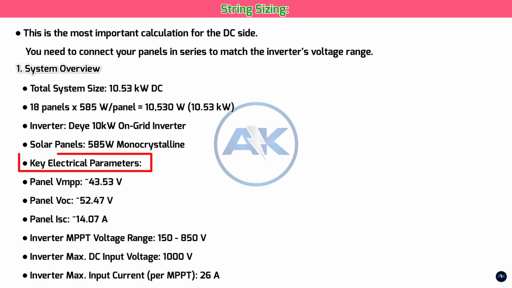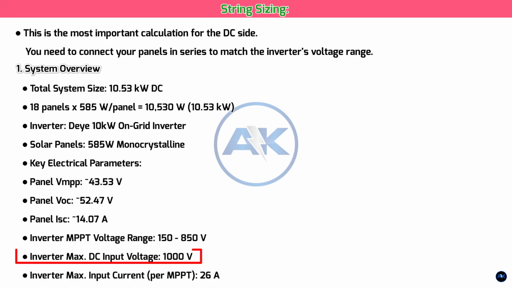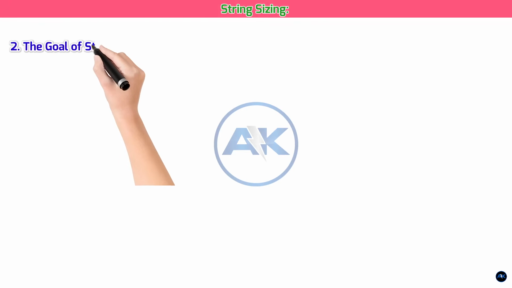Key electrical parameters: panel VMPP approximately 43.53 volts, panel VOC approximately 52.47 volts, panel ISC approximately 14.07 amps, inverter MPPT voltage range 150 to 850 volts, inverter max DC input voltage 1000 volts, inverter max input current per MPPT 26 amps.